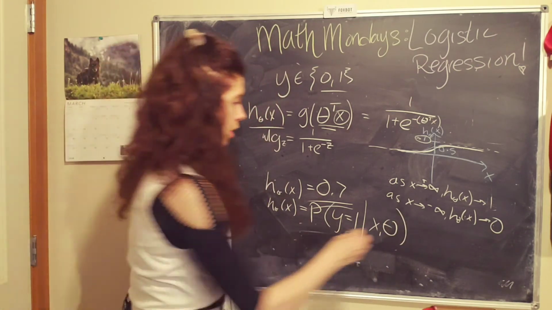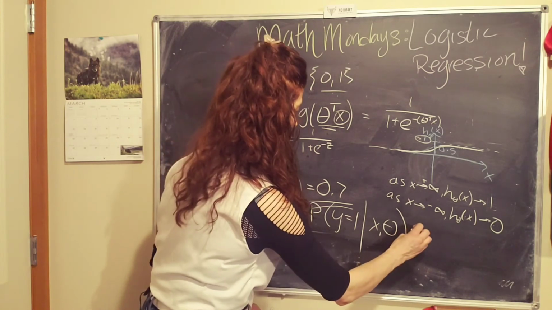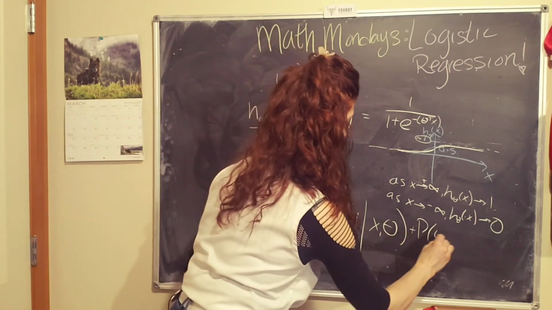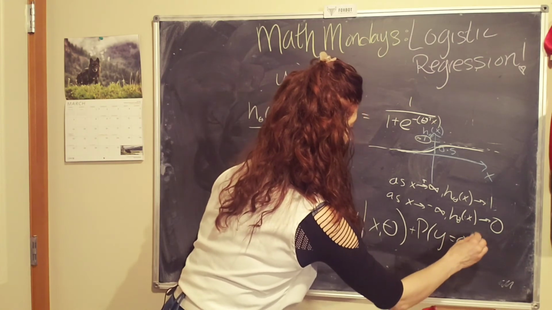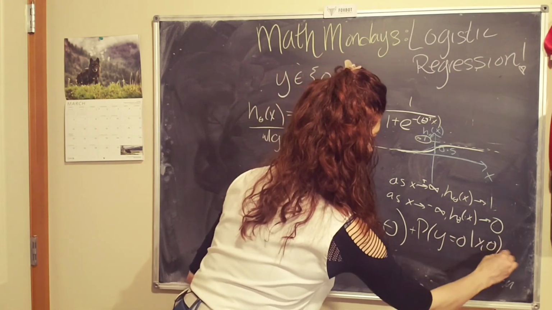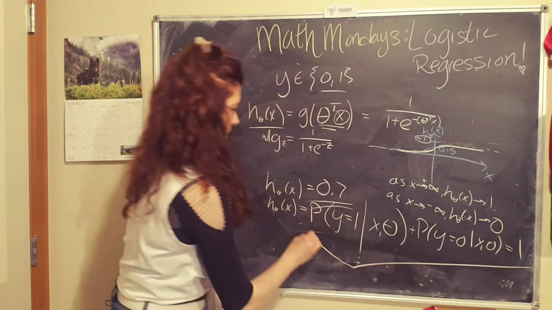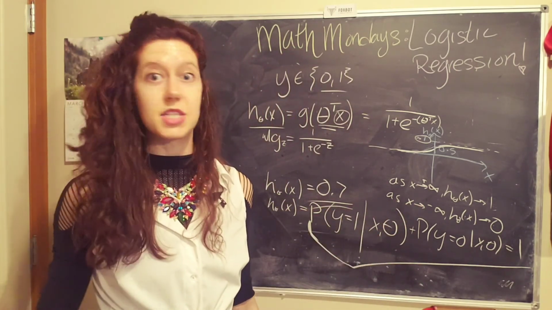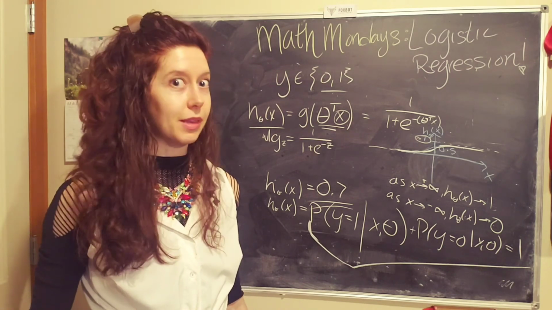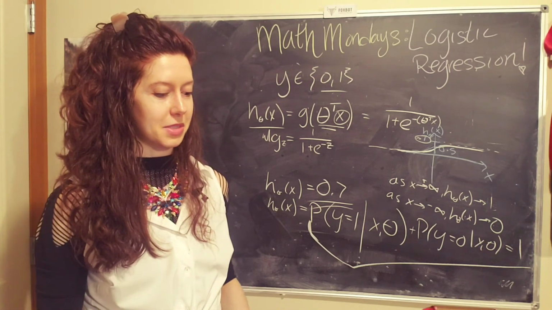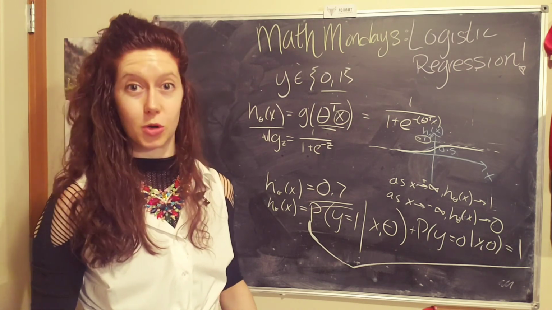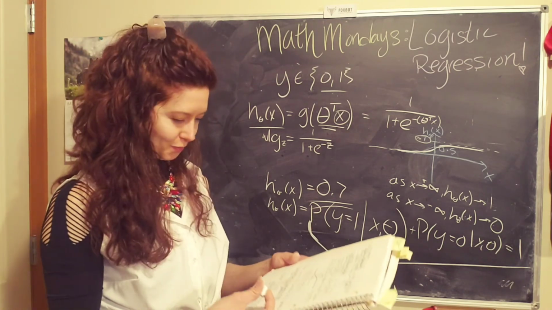And I also want to note that the sum of all of the probabilities, so in this case we only have two possible outcomes, y equals 0 or y equals 1, if you add these up, then you have to get 1 because the creature has to be something. Assuming that you took a picture of an amphibious creature that's either a toad or a frog, it has to be either a toad or a frog. Can't be a horse. At least not yet.